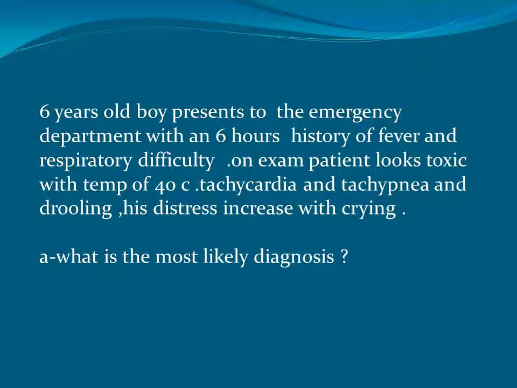Compared with the previous case, the child is older, 6 years old. He had rapid onset within 6 hours and a high-grade fever of 40 degrees centigrade. He looked toxic with severe respiratory distress, and stridor is not much present in this case.